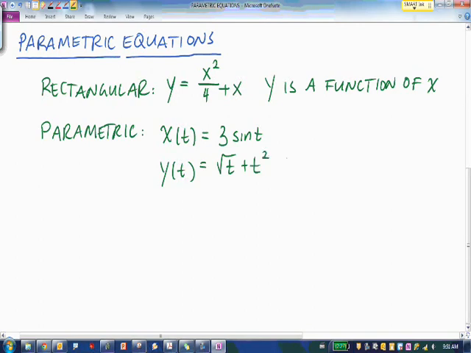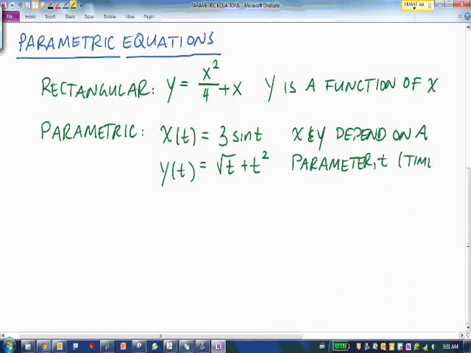Okay, so what's the difference here? x and y depend on a third variable, which we call a parameter. So they depend on a parameter t, which you can think of as time. So what we've effectively done is taken x and y and separated them apart so that they can move independently. So how do we deal with these?